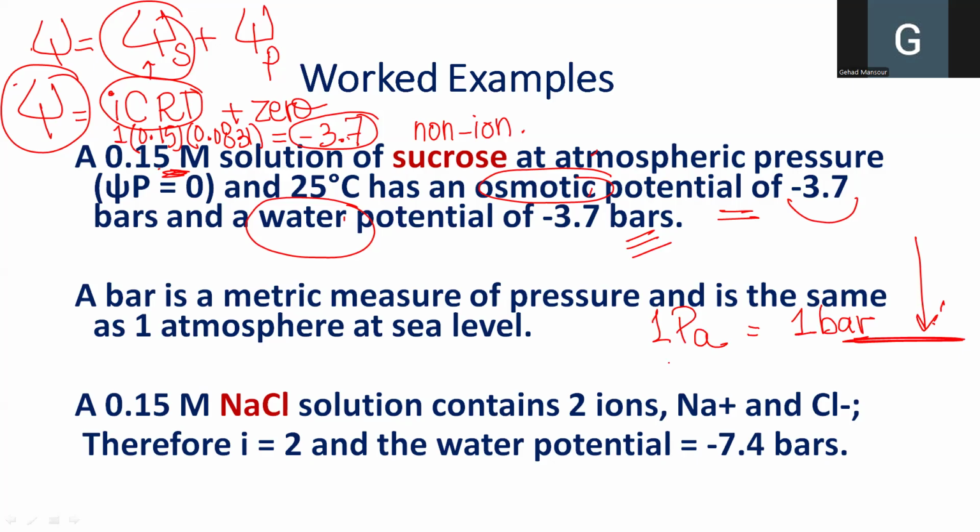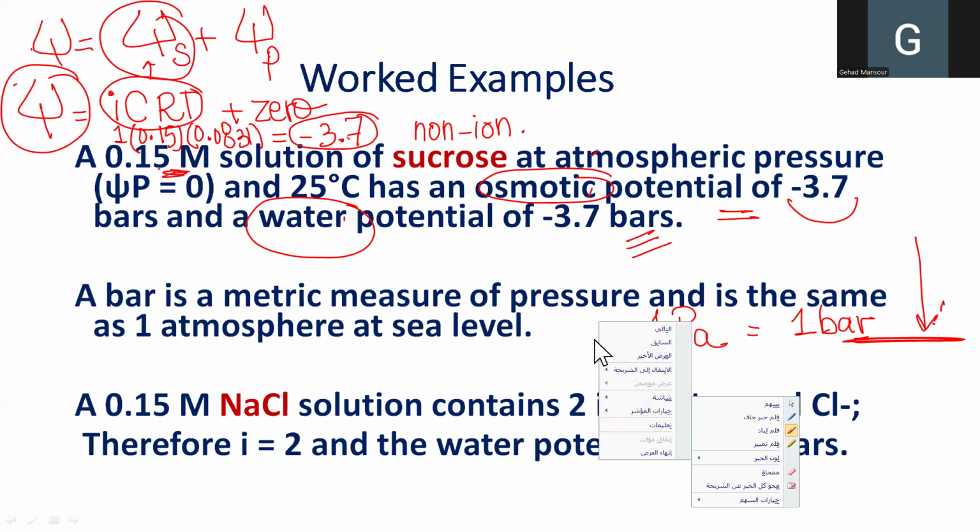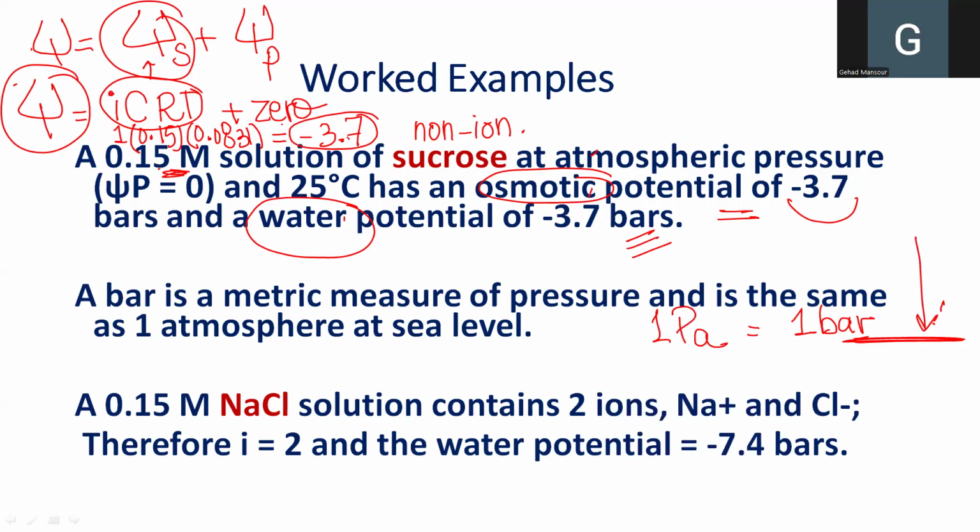Now, if you apply the same example with the same temperature, which is 25 degrees Celsius, we forgot here in the equation to add the temperature. Of course, you have to convert it first, 25 plus 273, which makes 298 degrees Kelvin.